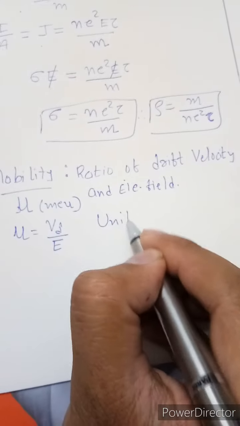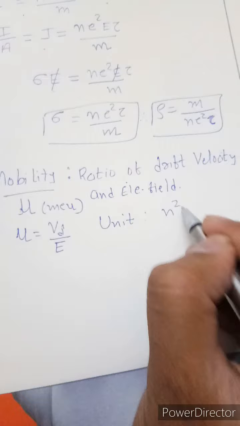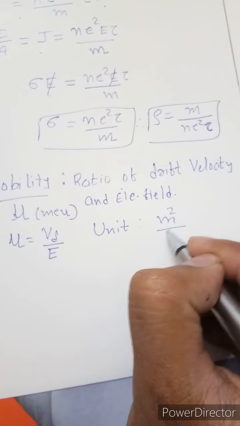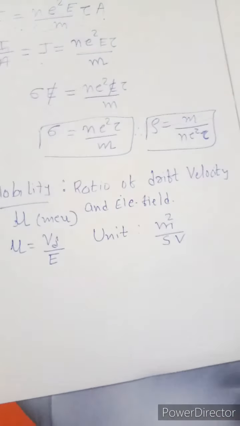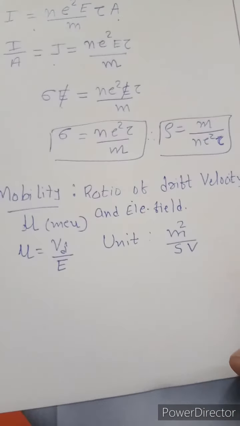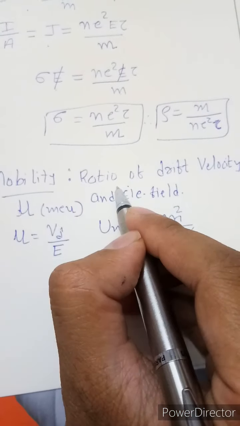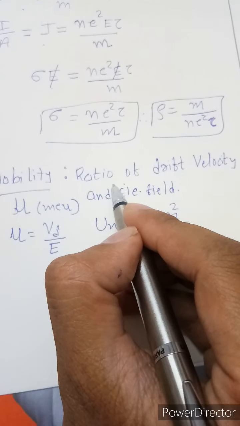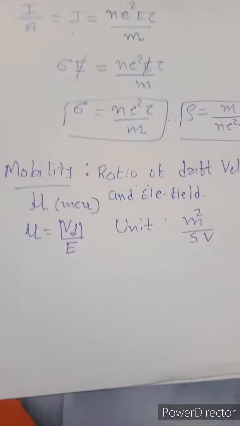Unit is meter square per second into volt. Now put the value. Here for drift velocity, we don't have to take the negative sign, we have to take its modulus. Mobility is always positive.